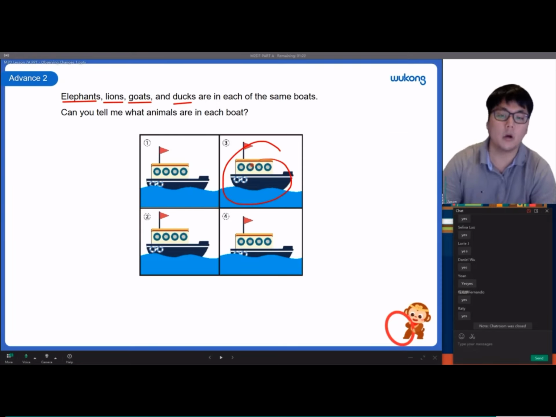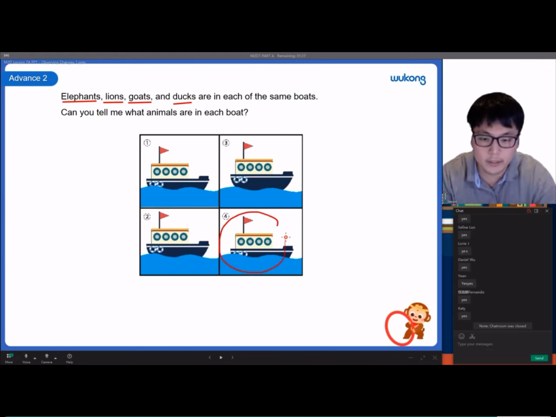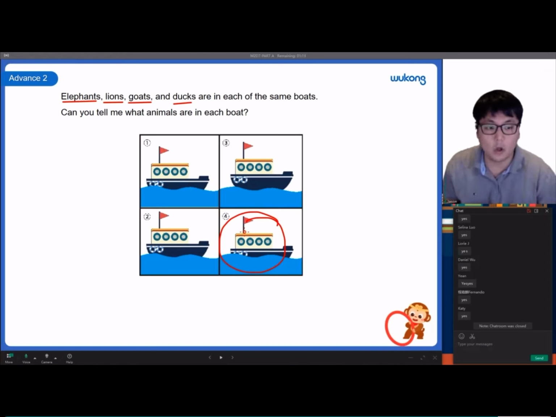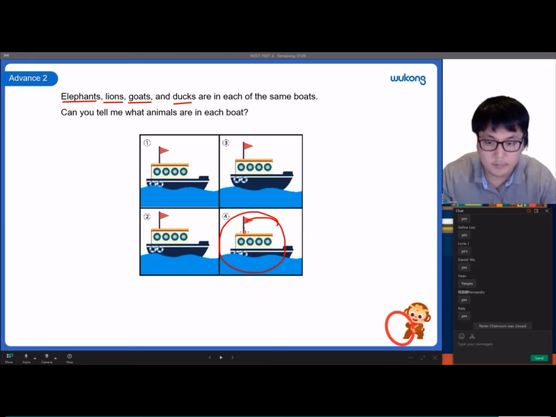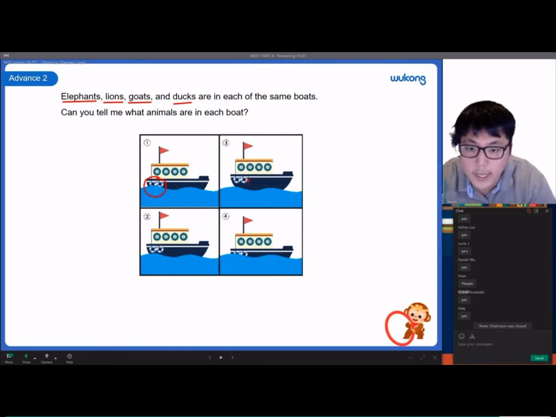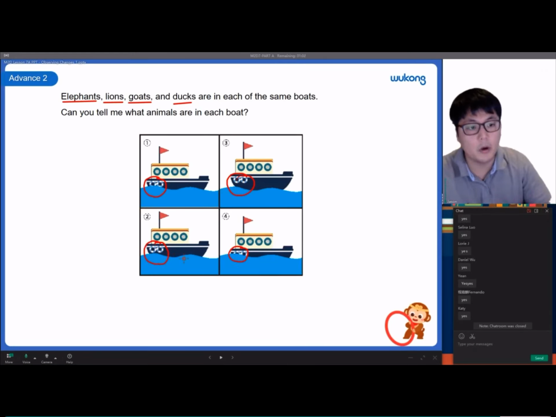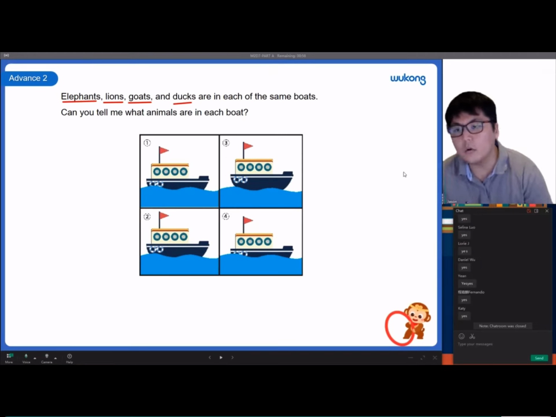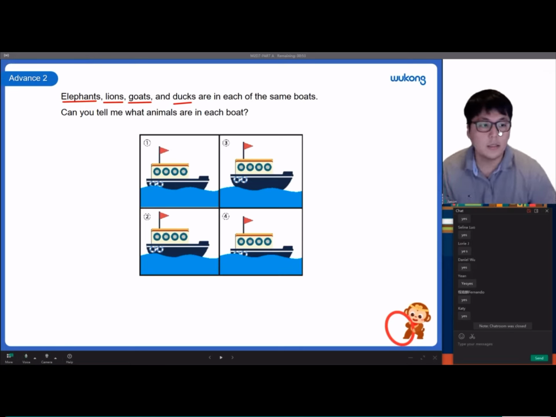This boat is almost just floating on top of the water, okay? And if you look at this boat, it's quite deep inside the water. It's almost sinking. It means a heavy animal must be inside. And you can see, if you just look at the bottom part, guys, how deep the boat is inside the water. So I want you guys to think and let me know which animals are in each boat.